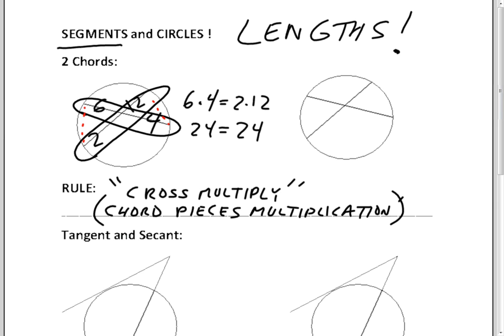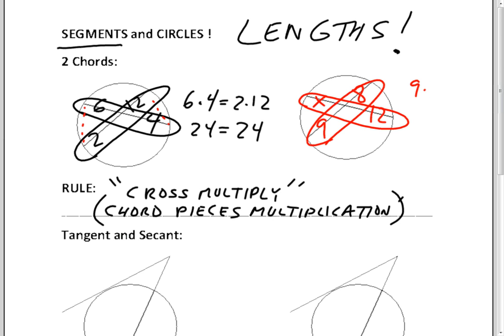For right now, you just need to know that when you see a situation with two chords and you've got pieces of chords and you have enough pieces or lengths to determine a missing piece like X, the rule is to set up an equation where you're cross multiplying those pieces.